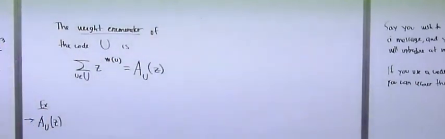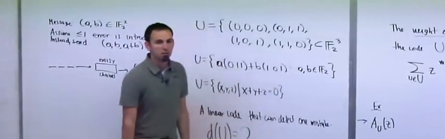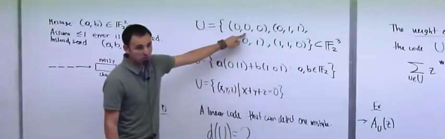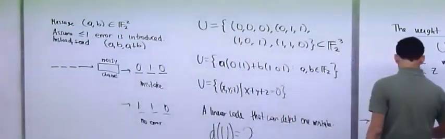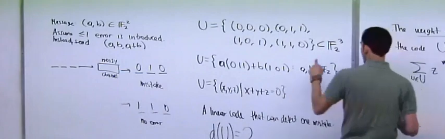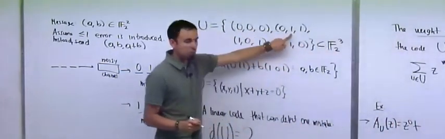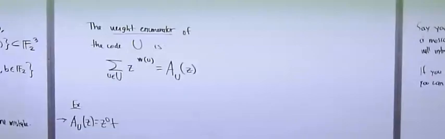Well, you're going to go through all the words of the code, and for each one of them, you're going to tell me how many non-zero coordinates there are. This one has no non-zero coordinates, so you get z to the 0. This one has two non-zero coordinates, so you get z squared, another z squared, another z squared.